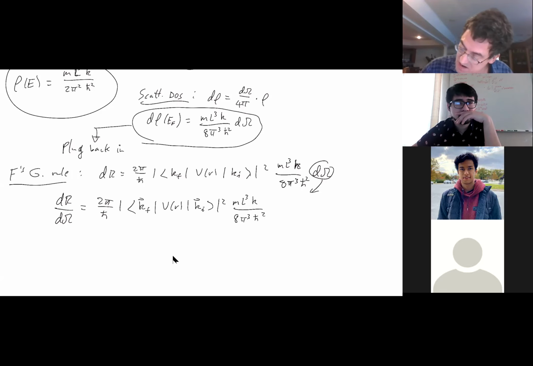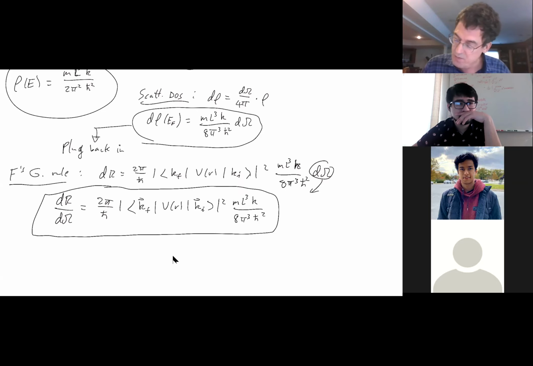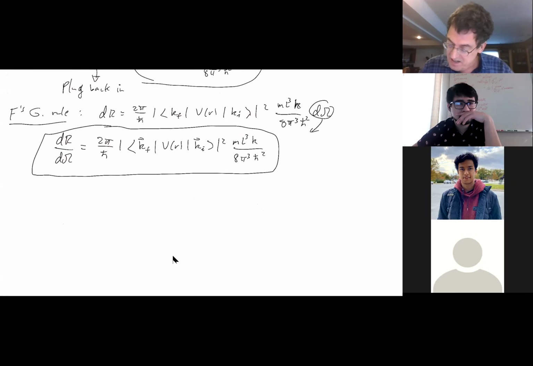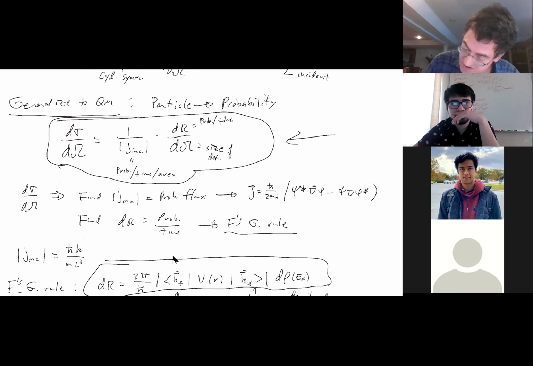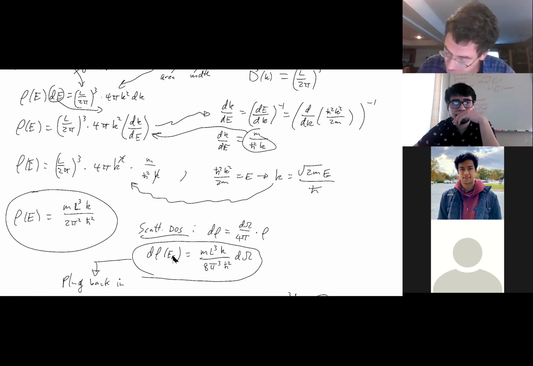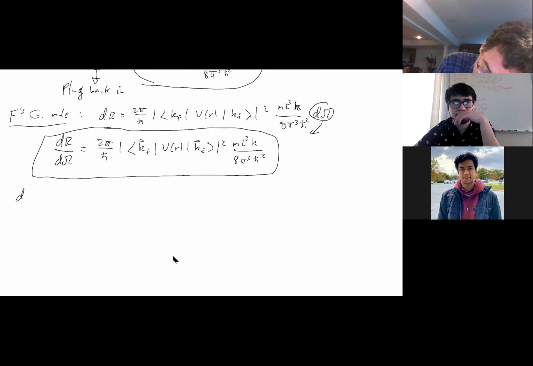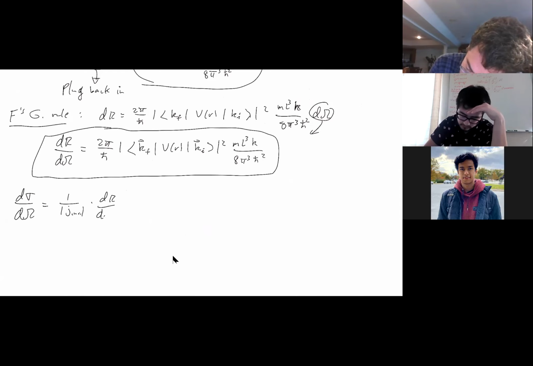Okay, and so now from Fermi's golden rule, we get this very beautiful little expression for dR d omega. Now we go back to this differential cross-section definition, and we see that the differential cross-section d sigma d omega is equal to 1 over j incident times dR d omega.